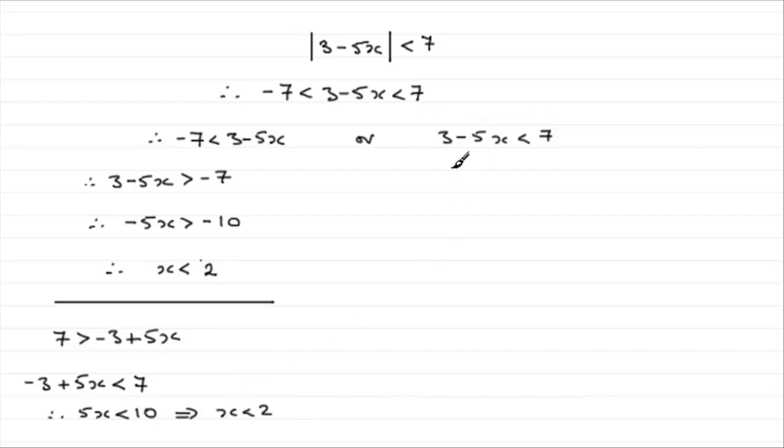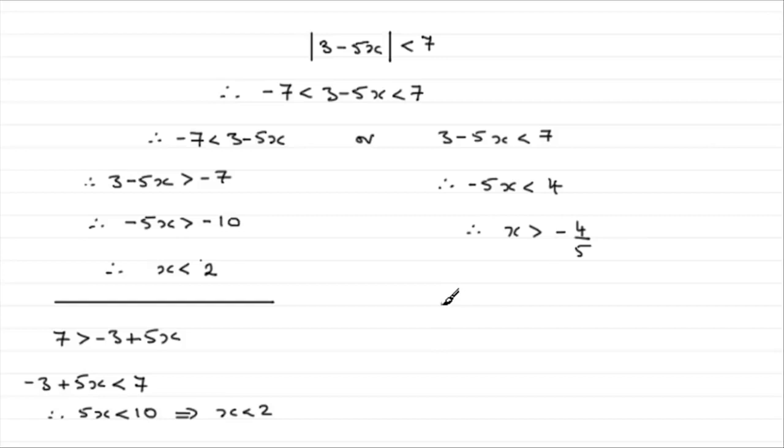Now when it comes to solving this one, I would subtract 3 from both sides, and we would have minus 5x is less than 7 take away 3, which is 4. Divide both sides by negative 5 means we're now going to have to reverse the inequality. So we end up with x being greater than 4 divided by minus 5, which is going to be minus 4/5.